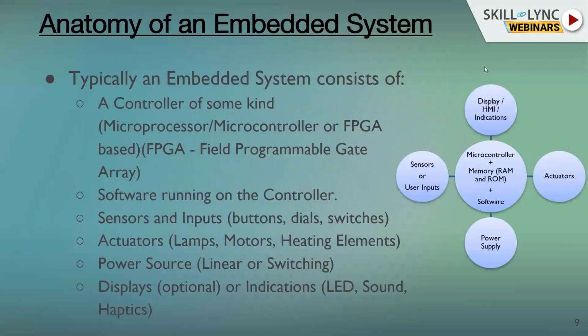So now let's look at what typically an embedded system consists of, right? I have mentioned here 5 different parts of the embedded system, and the central part is obviously the controller, the memory, and the software. I've put them all in one single bunch because there is no industry standard on what this block will contain.